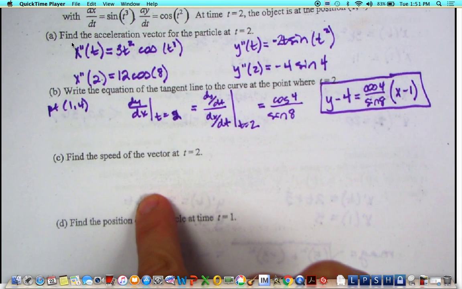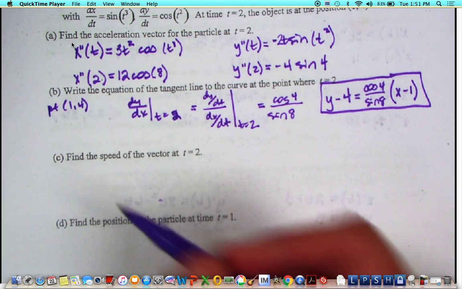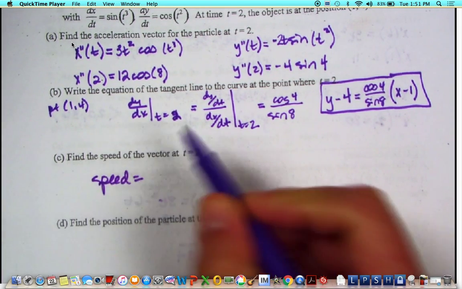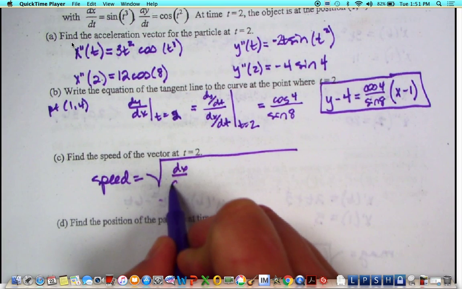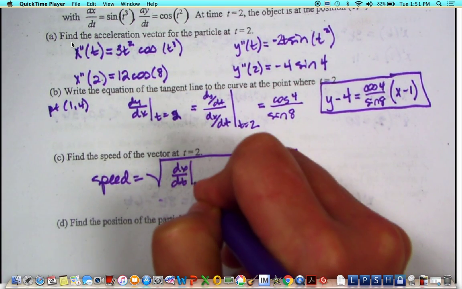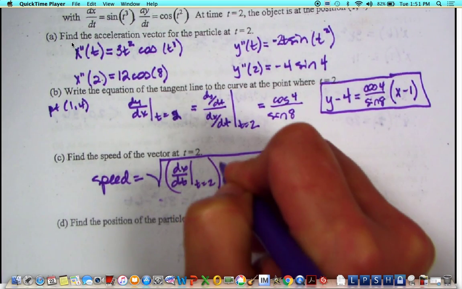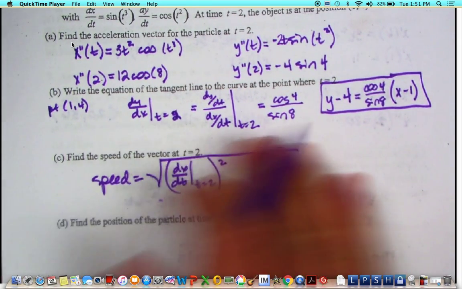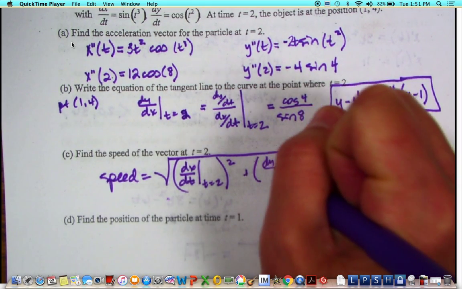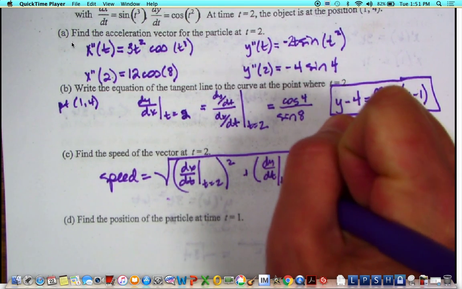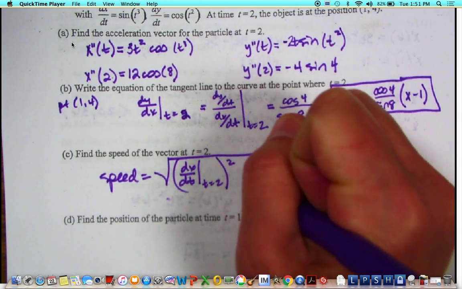Okay, what have we switched back to in part C? Vector, right? We've gone back to more of a vector question. I want the speed of the vector at time 2. Okay, so the speed is equal to what? The square root of, sine t cubed squared. And this is what I'm going to do just to show the step. I'm going to do dx dt at 2 squared, and you don't have to write this in. I'm just showing you what's really happening. Plus dy dt at t equals 2 squared. Right?